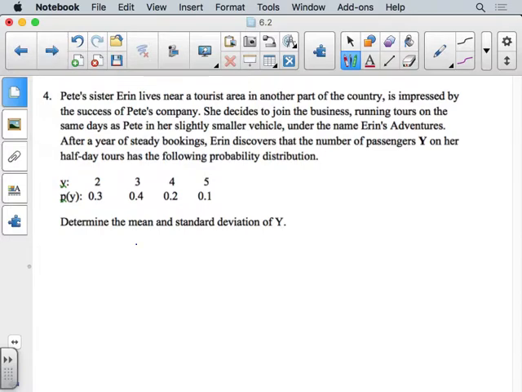And we're asking, what's the expected amount of event Y, which is Erin's passengers, and what's the standard deviation of event Y? So do that on the calculator. Try that one out. What's the average amount of passengers and our standard deviation?